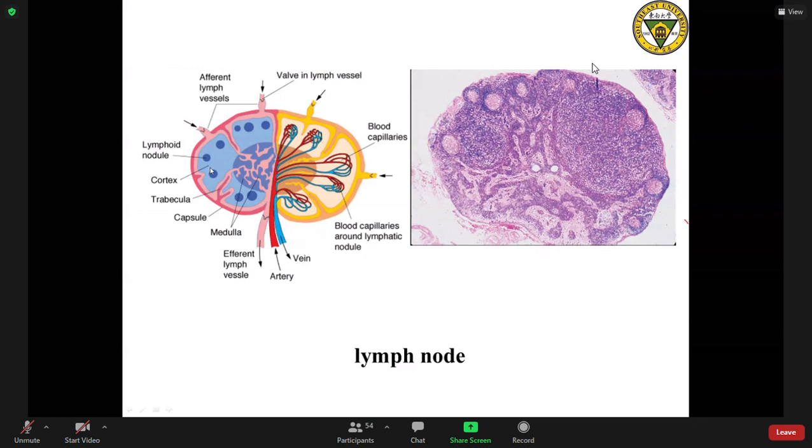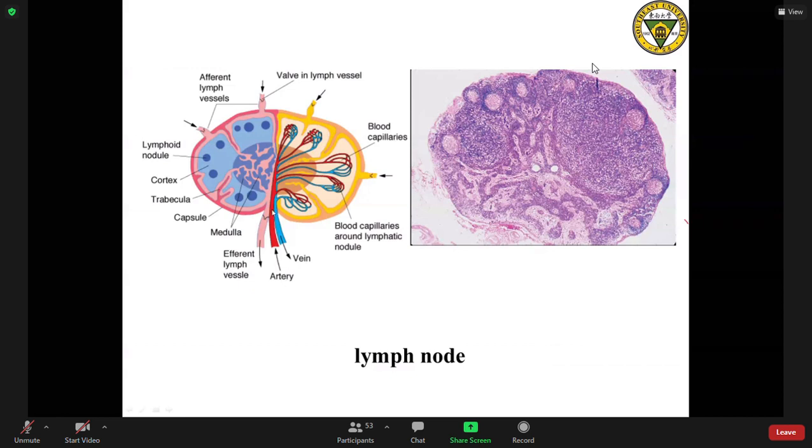In the cortex, you can see many lymphoid nodules, and the medulla has the medullary cord. This is the medullary cord, and the sinus. Lymph enters from this afferent lymph vessel, and this is the efferent lymph vessel.